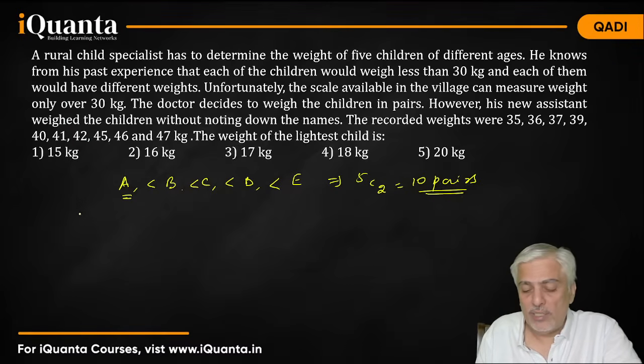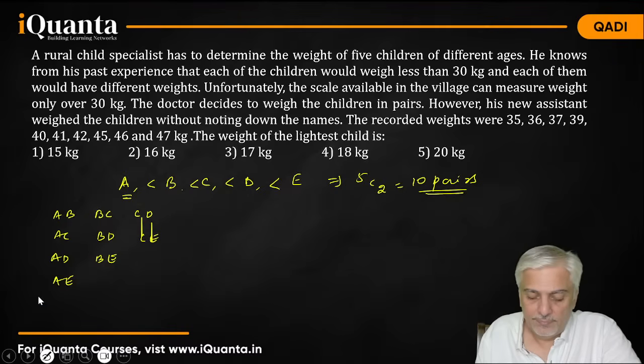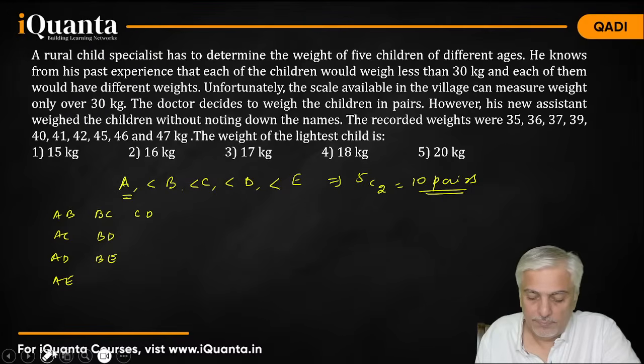So in short, if I add all the pairs, if I write them down also: AB, AC, AD, AE, BC, BD and BE, because BA we have already taken, CD and CE, and last DE.